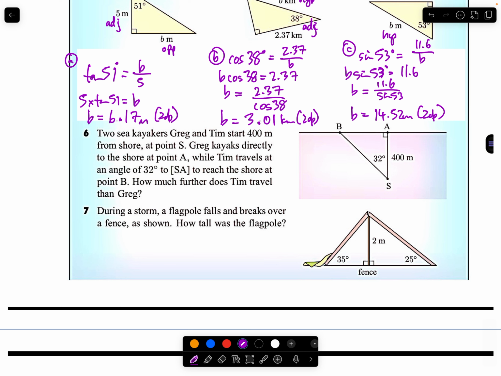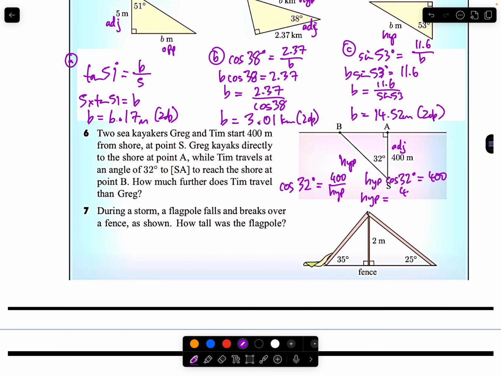Well, Greg went 400. This is the hypotenuse. So if we want to find the hypotenuse, we've got cos 32 degrees is equal to adjacent 400 over hypotenuse. Opposite of dividing by hypotenuse is multiplying, so hypotenuse cos 32 degrees is equal to 400.